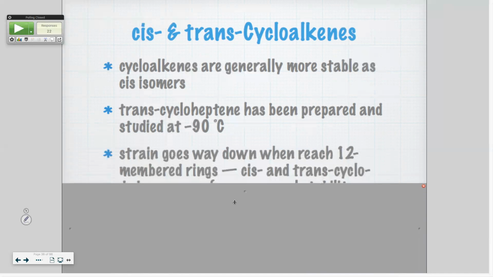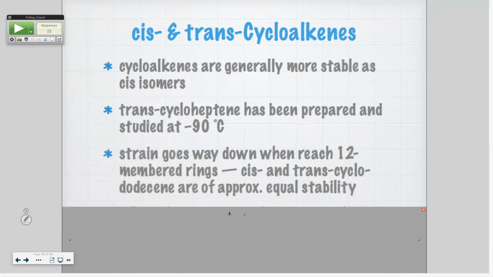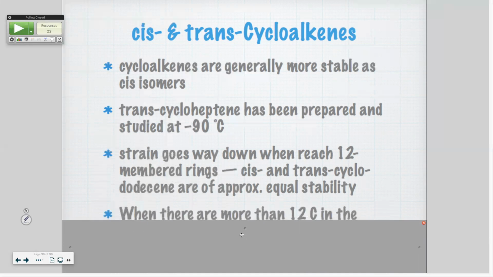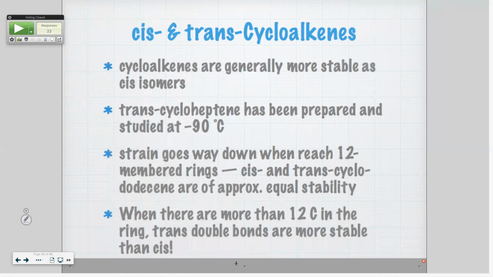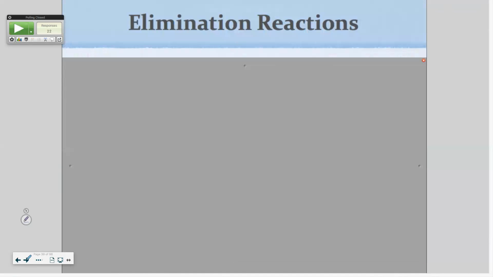When you get over 12-membered rings, the cis and trans are of approximately equal stability. A 12-membered ring, remember, is called a cyclododecene. When there's more than 12 carbons in the ring, the trans is actually more stable than the cis. Okay, all right, you got all that?